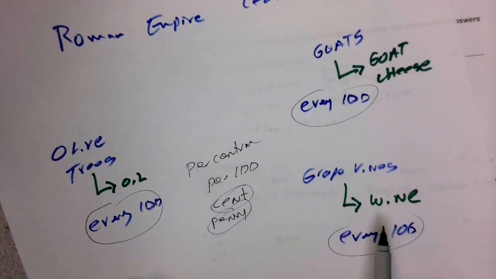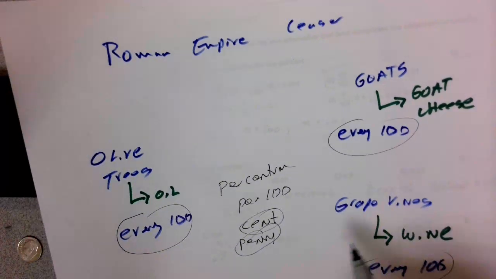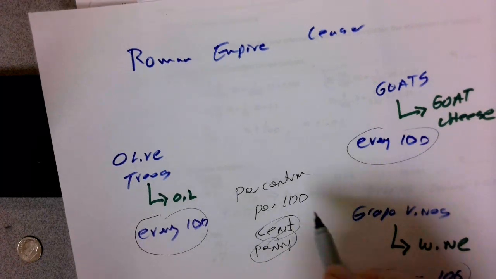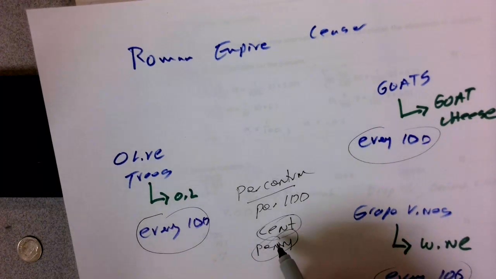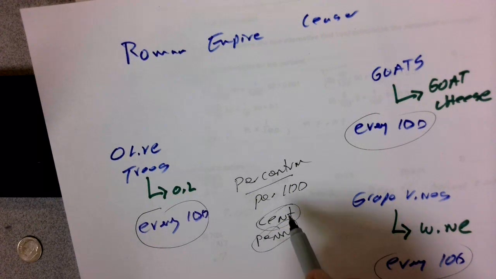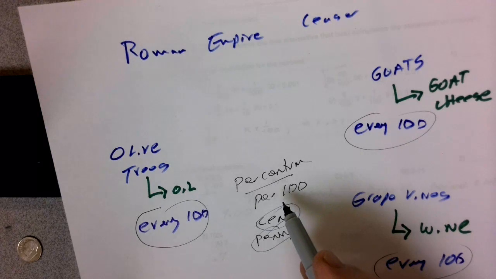And if you had grapevines, I want the wine from 100 grapevines. And so this became known as per centum, meaning per hundred, and we even get the name for our penny, the cent, from this notation, because it takes 100 pennies to make a dollar.